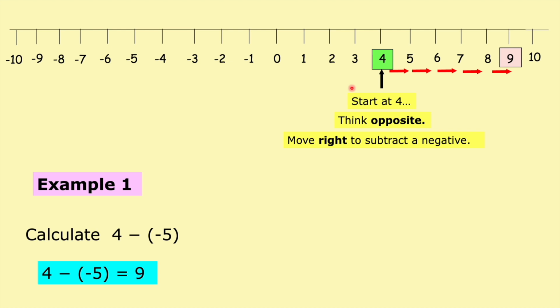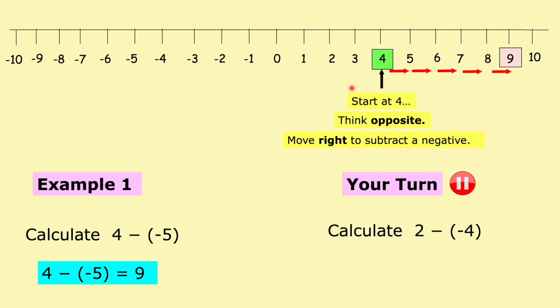So using this example to help you and thinking about the opposite, so you're moving in the opposite direction from what you normally would, I want you to try this question. Can you calculate 2 subtract negative 4? Just pause the video here. When you unpause, you will get the answer.